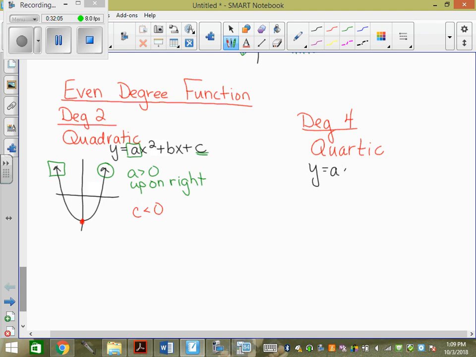Quartic, y equals ax^4 plus bx^3 plus cx squared plus dx plus e. It looks like that. Degree 2 makes parabolas. We've seen those before. Degree 4s make M's or W's, sometimes really wonky looking M's and W's, but M's and W's nonetheless.